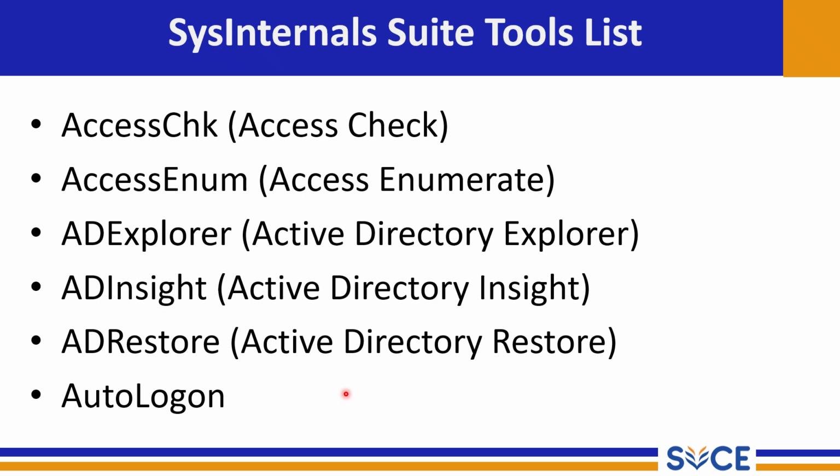Okay. And next is Autologon. Autologon is a GUI-only tool. It bypasses the password screen during logon by automatically logging in for you. So using this tool, instead of waiting for a user to enter their username and password on the logon screen, Windows logs the specified user in automatically.